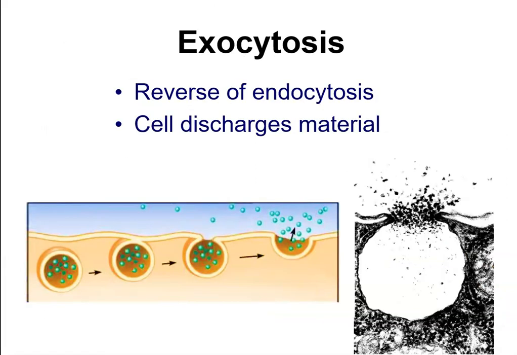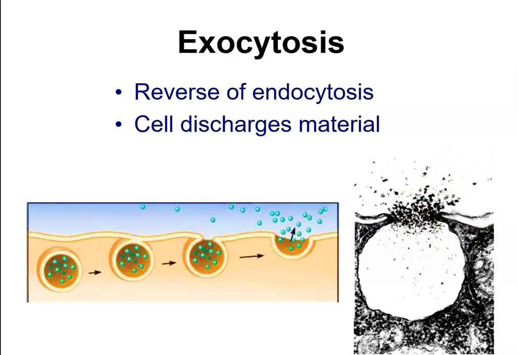The last active transport is called exocytosis, and if you think about exiting, when you exit you leave, so this is actually the reverse of endocytosis. Basically the cell is throwing up. You can see the vesicle moves, gets closer to the surface, and then it basically spits up. In lab, when you're looking at your tissue, you might find some goblet cells that are doing this.